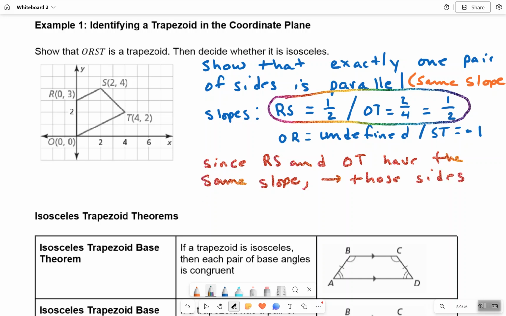Can I say those sides are the only pair of parallel sides? Therefore, this is what?